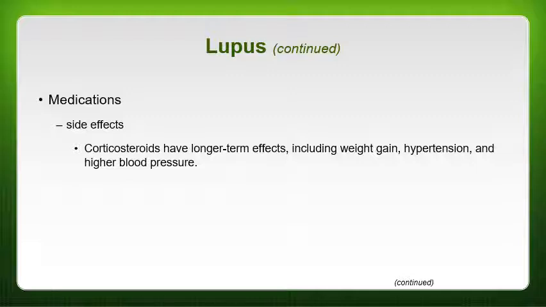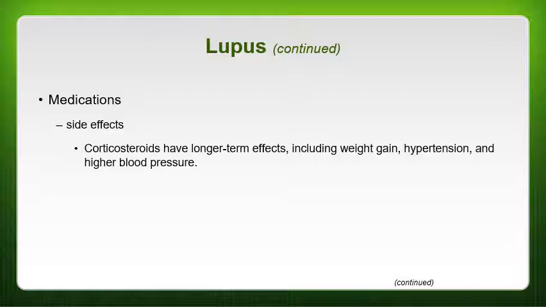Corticosteroids can be administered to treat the inflammatory response with lupus. Anytime you're talking anti-inflammatory drugs, you have NSAIDs, your non-steroidal anti-inflammatories, and you have corticosteroids, which are steroids used to treat inflammation. They could possibly have much longer-term side effects, including weight gain, hypertension, and higher blood pressure.